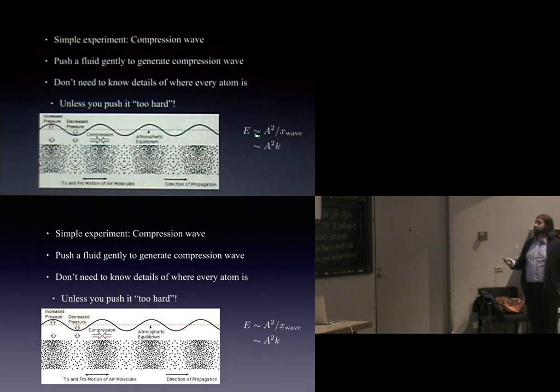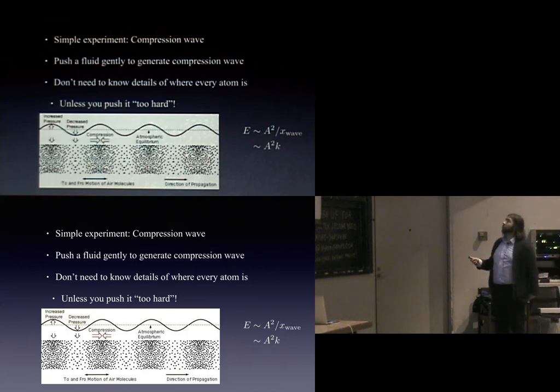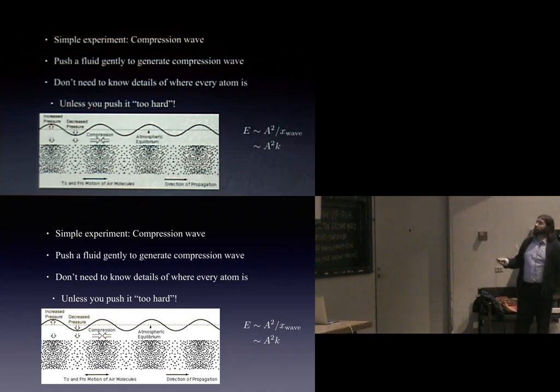And it turns out that the energy goes as the square of the amplitude divided by the length of this wave. And it's very common in physics to not work with an explicit wavelength, which is a unit of length, but to work with an inverse wavelength, or a wavenumber k, which is literally just 1 over the wavelength.